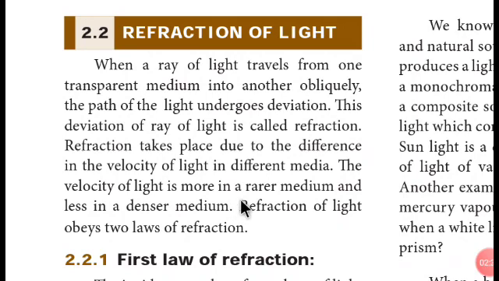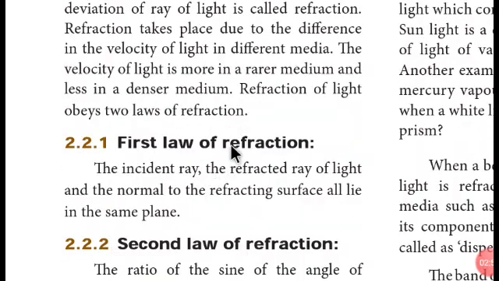In a rarer medium, light will travel faster, for example air or vacuum. And the opposite is that in a denser medium, light will take more time, so it travels with less velocity. And for this, the example is water. Then, refraction of light obeys two laws of refraction.